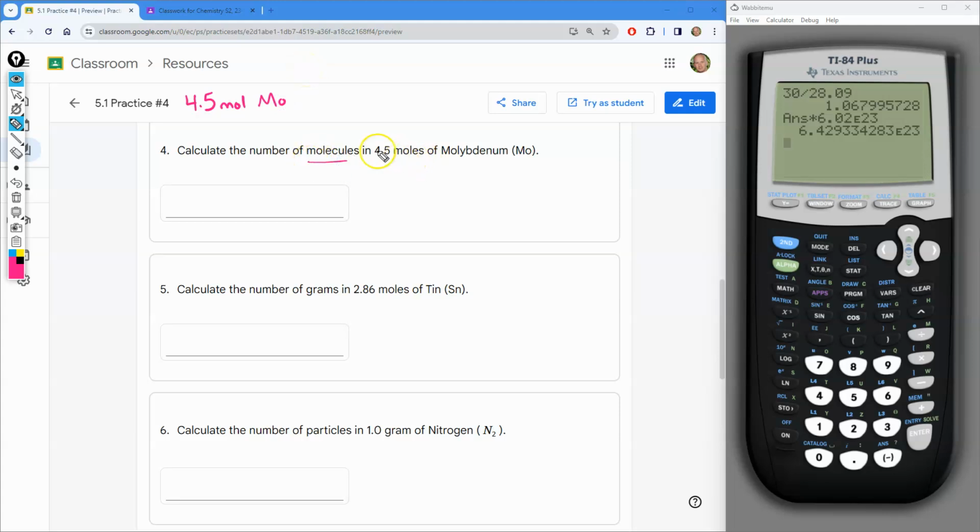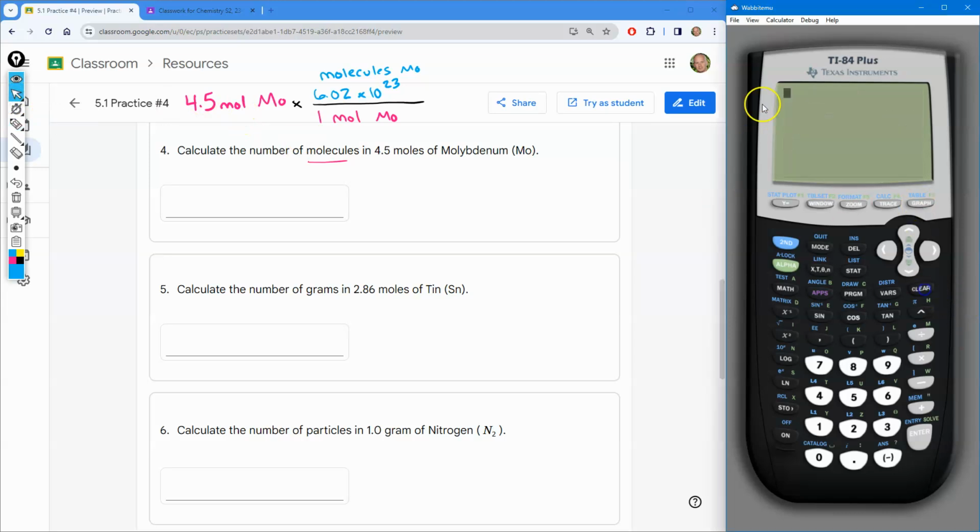So we're already in moles, and to convert to molecules, that's only one step. So for every 1 mole of molybdenum, we need Avogadro's number here, 6.02 times 10 to the 23rd. That's how many molecules, it should be atoms, of molybdenum are in 1 mole.